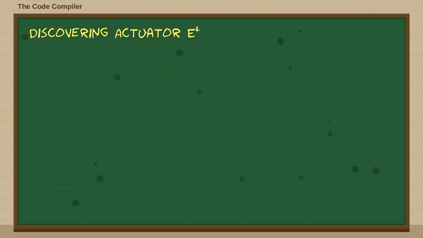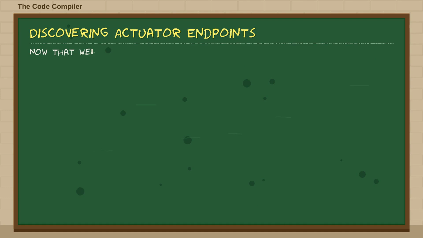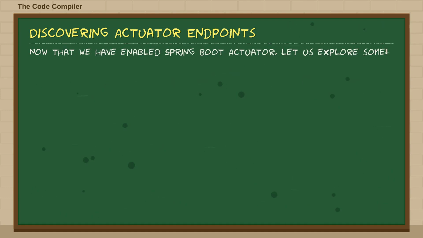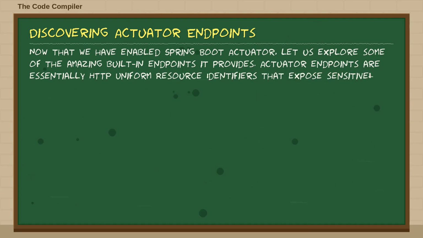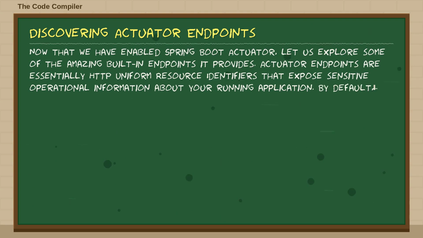Now that we have enabled Spring Boot Actuator, let us explore some of the amazing built-in endpoints it provides. Actuator endpoints are essentially HTTP Uniform Resource Identifiers that expose sensitive operational information about your running application.